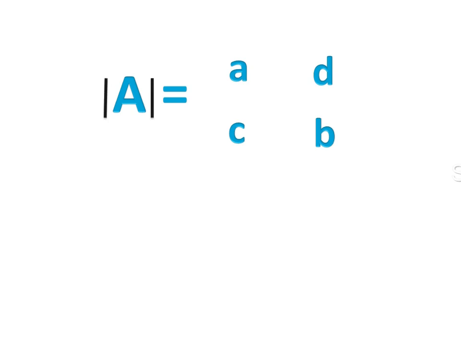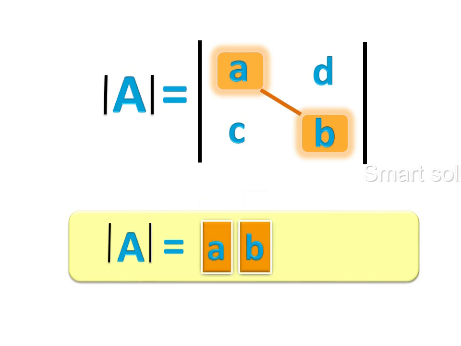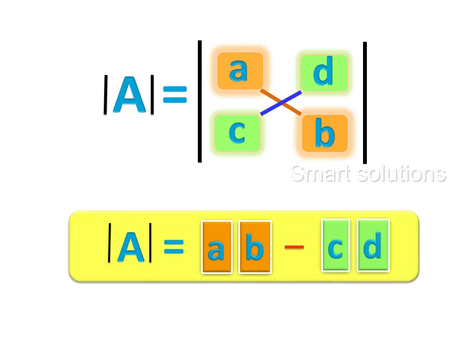Then the determinant of matrix A is determined by multiplying elements A, B and subtracting this by the product of elements C, D.